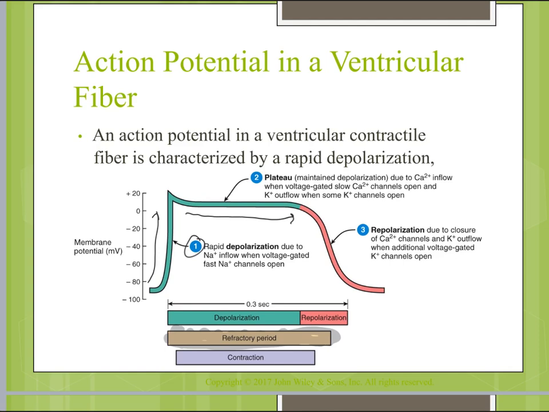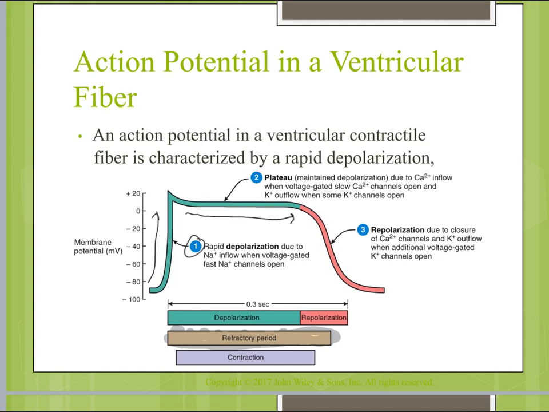Why? What's happening? There cannot be another action potential coming to stimulate another depolarization phase until this contraction is complete. And that's really important because there again comes our abnormal rhythms or arrhythmias, okay? Now, what happens in step 3? The closure of those calcium channels and opening of the potassium channels.